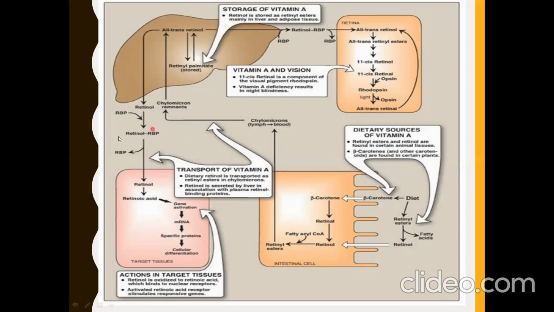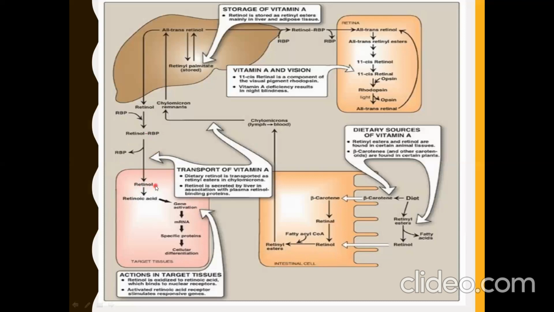This retinol binding protein along with the retinol and the transthyretin molecule is recognized by the cellular surface receptors. So the cellular tissues recognize the retinol binding protein, retinol, and the transthyretin. Only the retinol molecule enters into the cell.